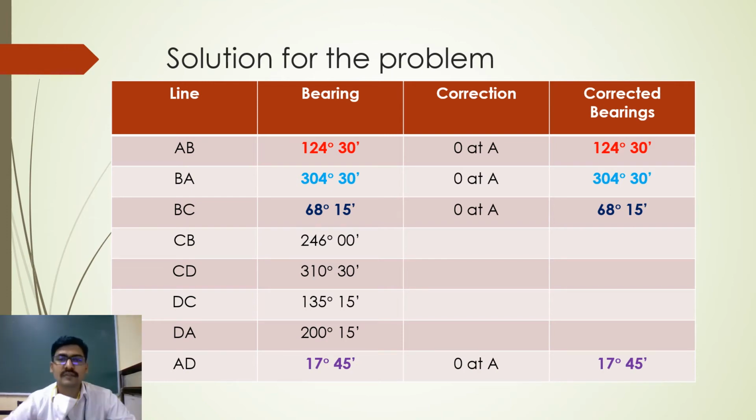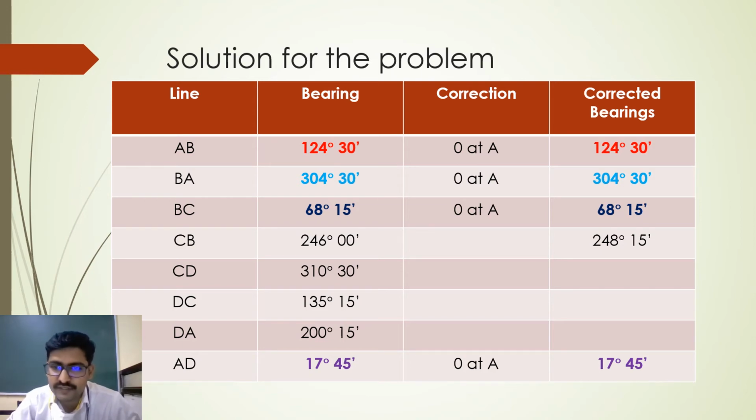Since the given fore bearing is less than 180 degree, I have to add 180 degree. So back bearing of line BC will be 68 degree 15 minutes plus 180 degree. How much will that be? It will be 248 degree 15 minutes, right?